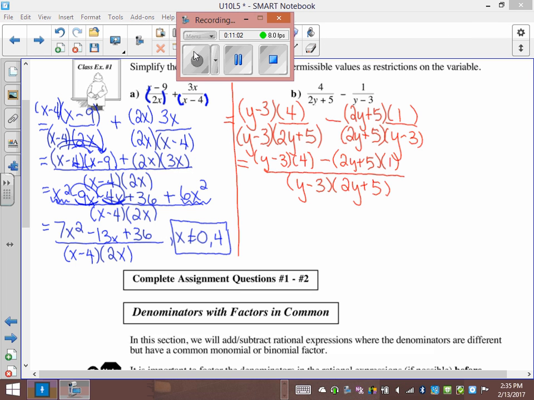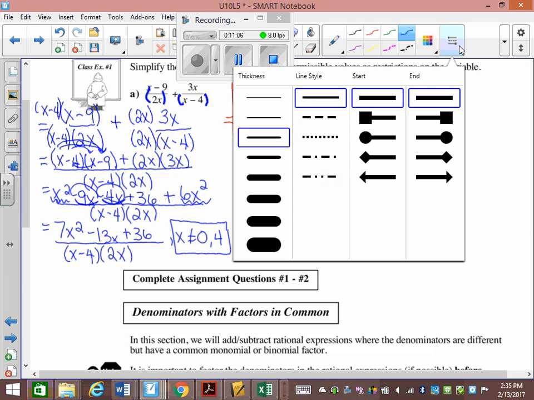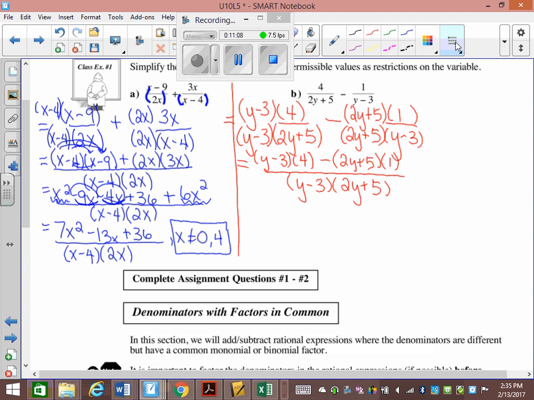And then I distribute the top, right? Keep the bottom. So I'm going to get y times 4, which is 4y, negative 3 times 4, which is negative 12, minus, and then I'm going to go bracket because I have more than one term behind the back, right? And I have to make sure I distribute it. So I get 2y times 1, 5 times 1.